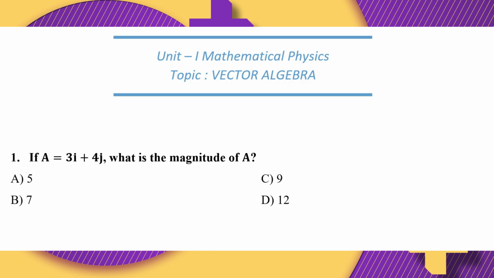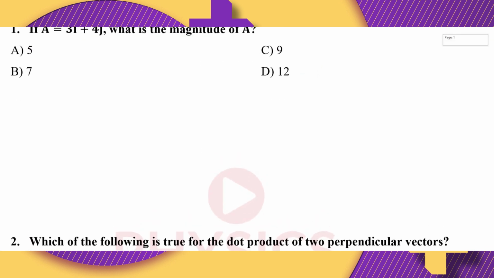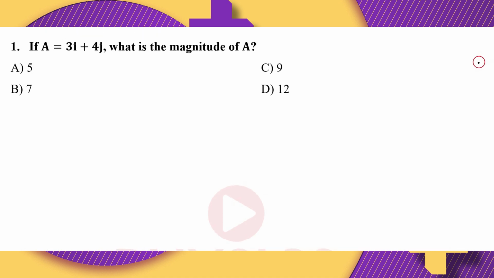So today we discuss the first problem. If A is equal to 3i plus 4j, then what is the magnitude? So we have to find out the magnitude. What is the formula for magnitude?